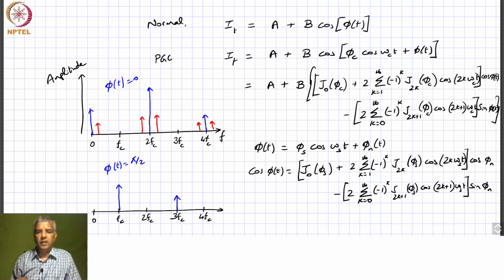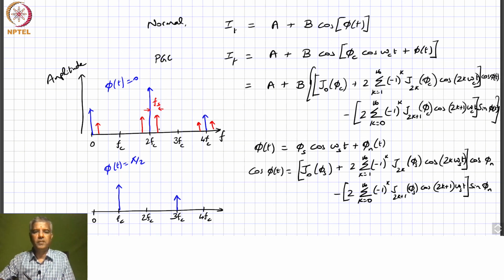Essentially this is 2fc plus omega s. In this case, if this is dominant, then this corresponds to Fs, and of course Fs, 2Fs and so on.